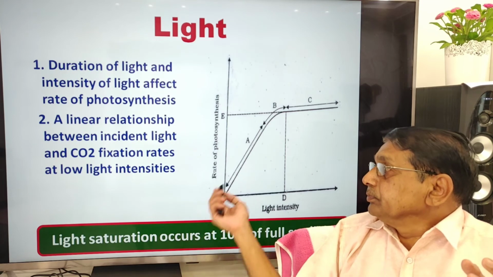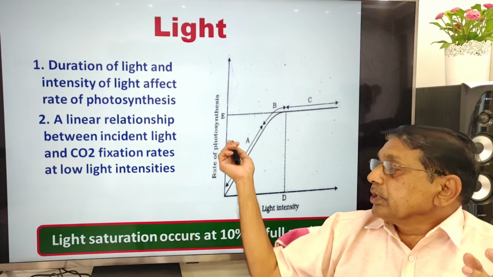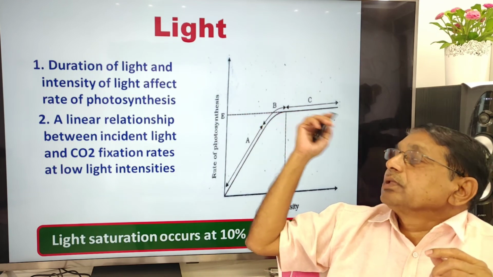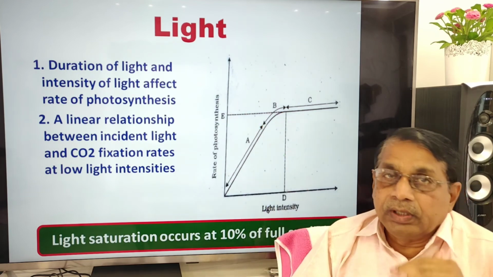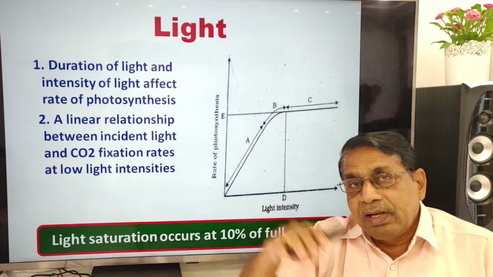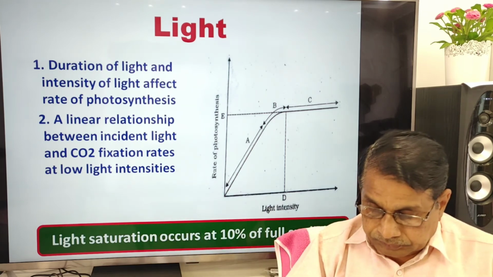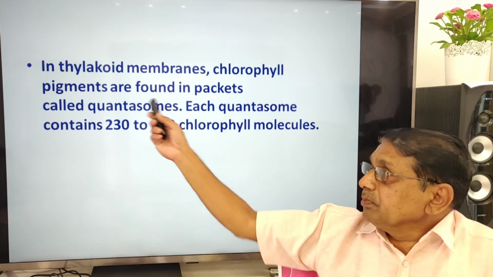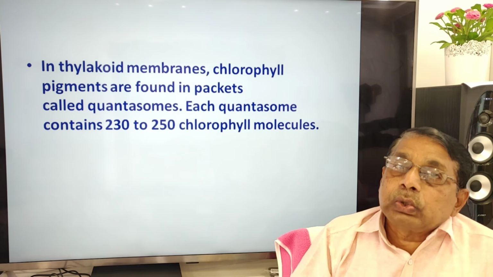Then light. As the light intensity increases, photosynthesis increases up to some level. When it reaches a certain level, the rate of photosynthesis flattens. Then in some books you find quantasomes.